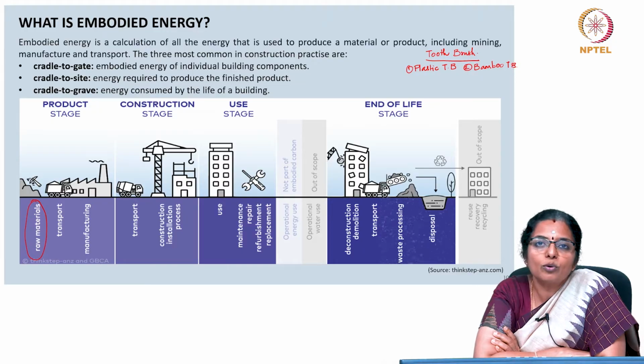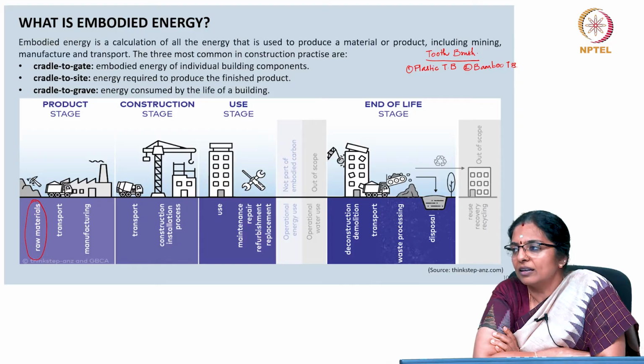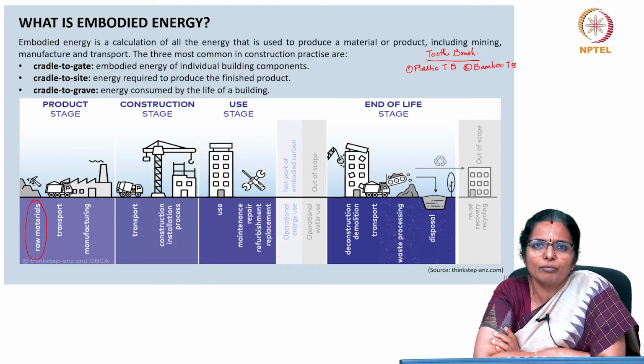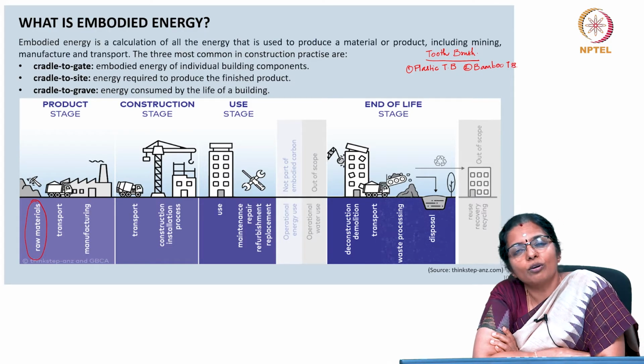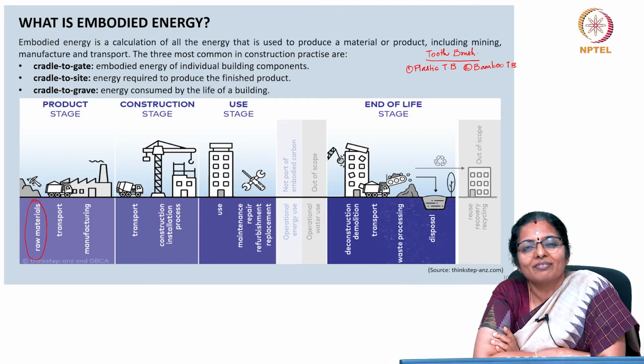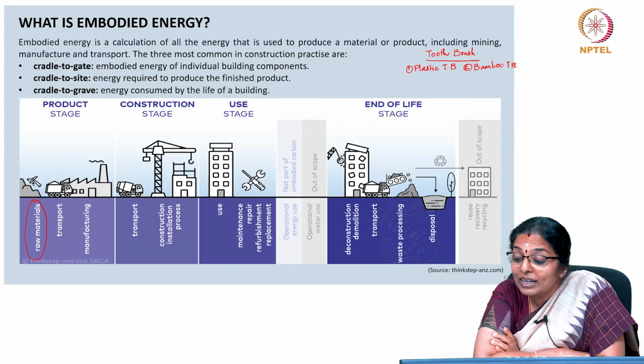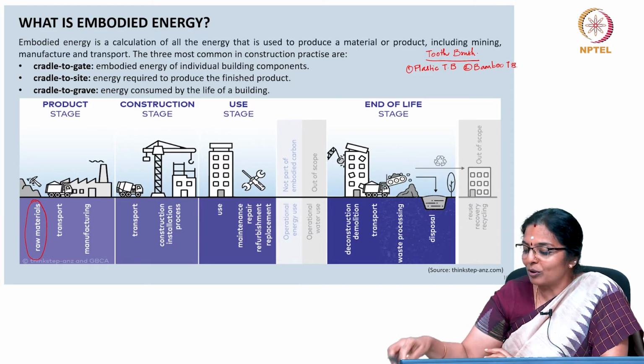And when it comes to bamboo, what do you do? Just go to a nearby forest or a wasteland or any place where a lot of bamboo is grown, and you take a piece of that bamboo. What about an even more vernacular way where they use neem twig? Chew the neem twig and make a bristle out of it, and look at the bristles of the plastic toothbrush and the bamboo toothbrush, and the third is the neem twig.